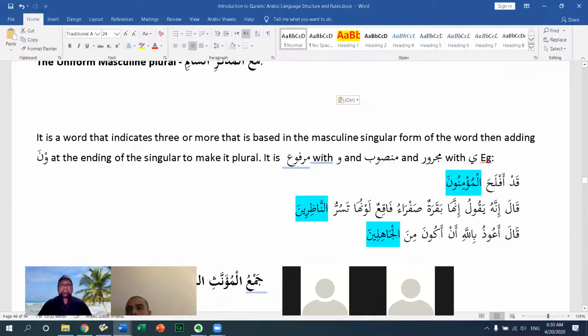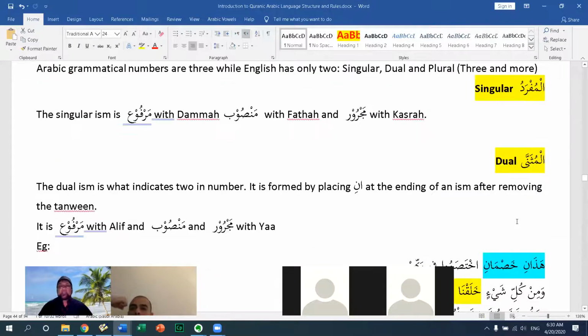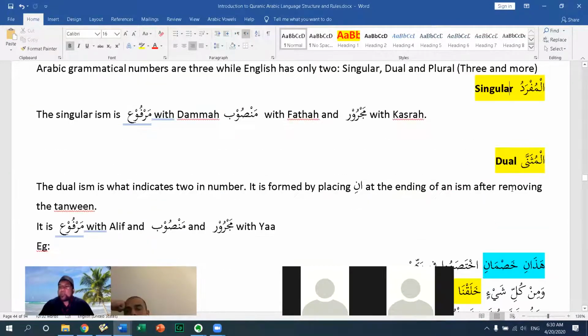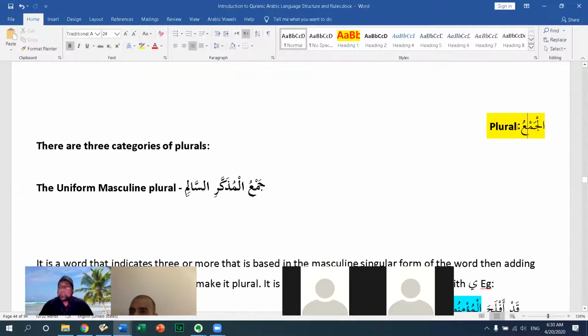The lesson to understand here, let me go back and simplify things: when we're learning al-mufrad, al-muthanna and al-jama', we're not only learning the patterns, but we're learning the i'rab at the same time.